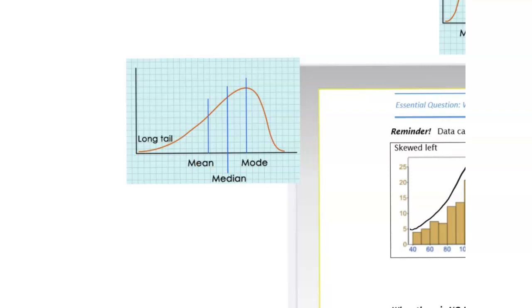Now you may think, well, what real-life example can show us something that's skewed left? Well, let's say that your chemistry teacher decides to give you a test. This test so happens to be a very easy test.